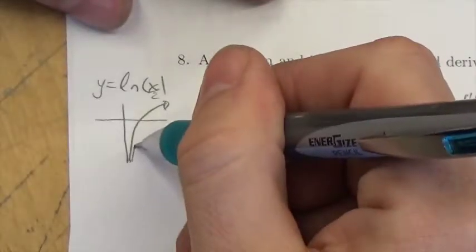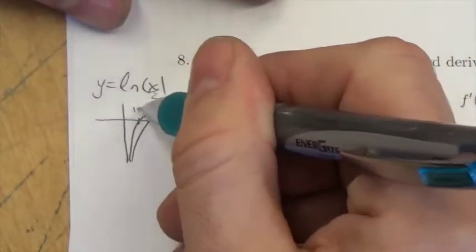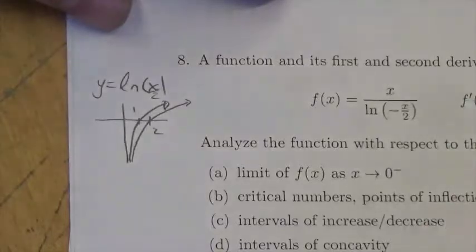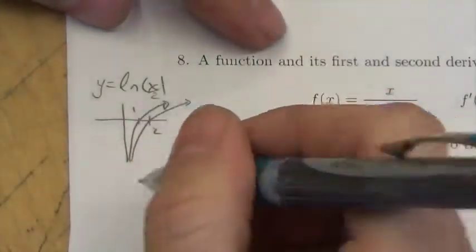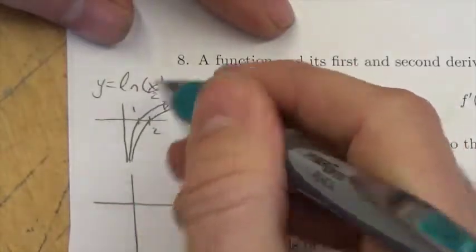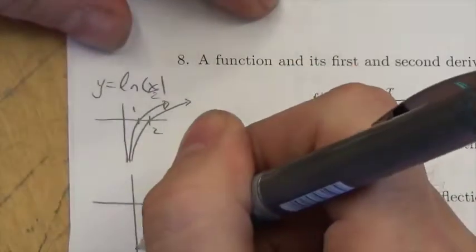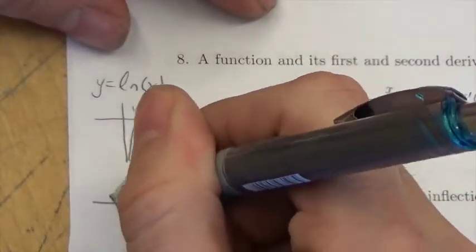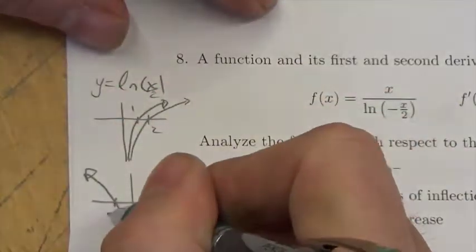So instead of going through 1, it's going to go through 2 here. And a negative in front of that, inside the argument, is going to cause a reflection over the y-axis. And so it's going to flip out like this.